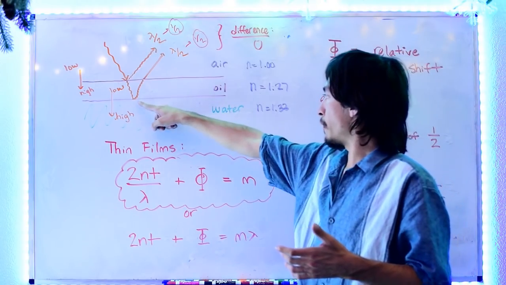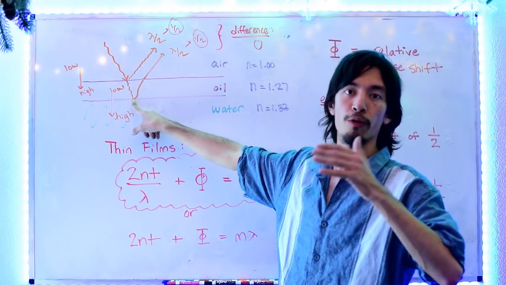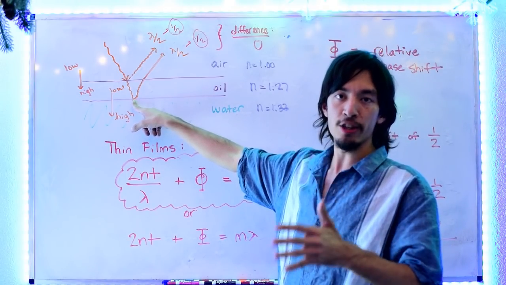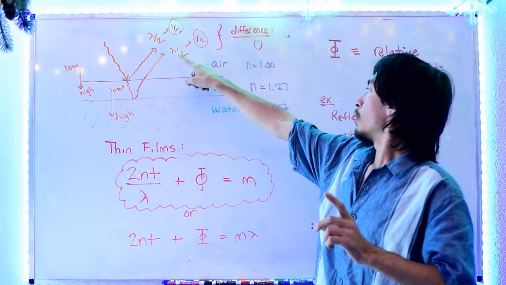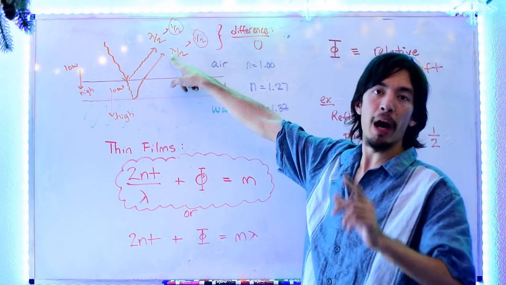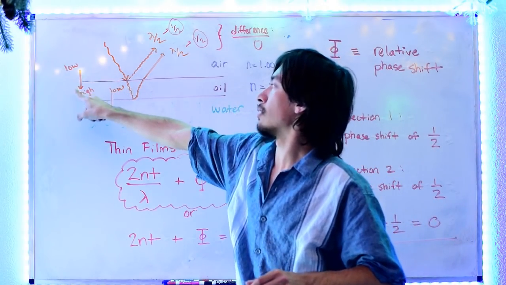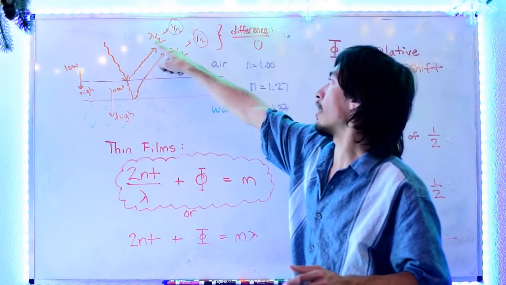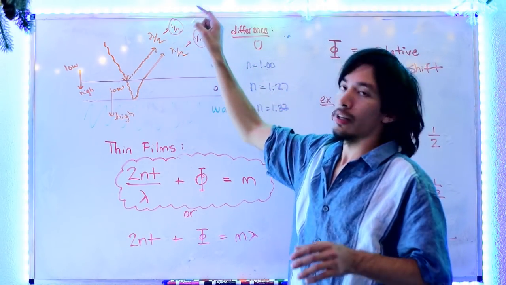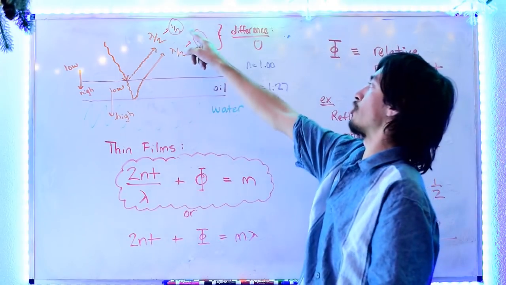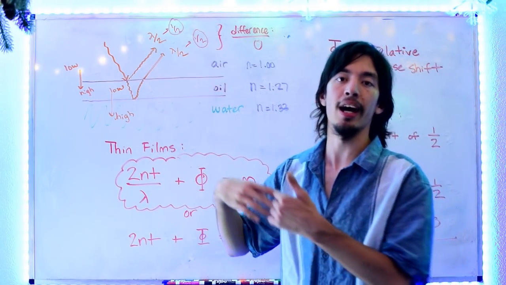The phase shift that occurs from that reflection when you go from high to low is 0. Okay, so you get 0 phase shift for the bottom reflection. Meanwhile, the top reflection is low to high, so you get a phase shift of a half. The relative phase shift between the two would be a half minus 0, which would be a half.